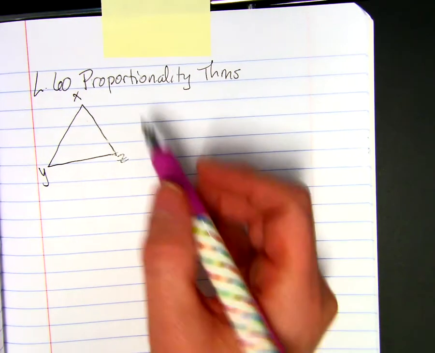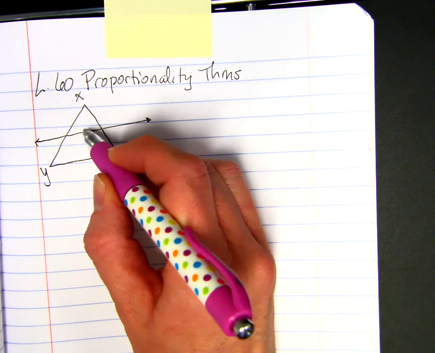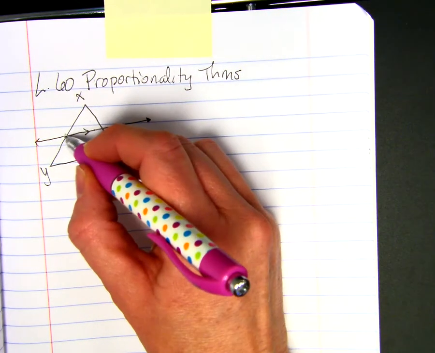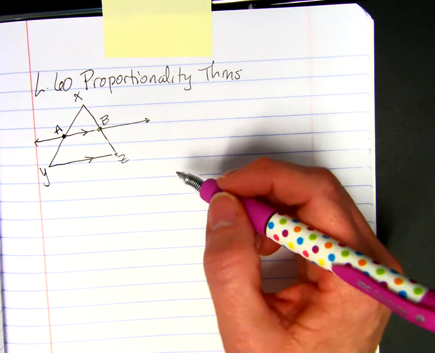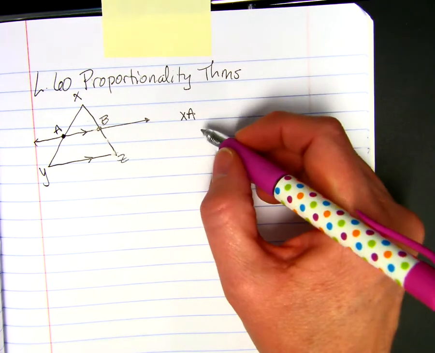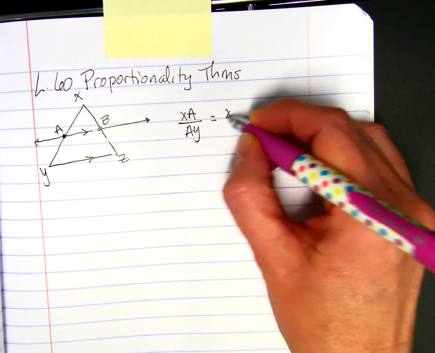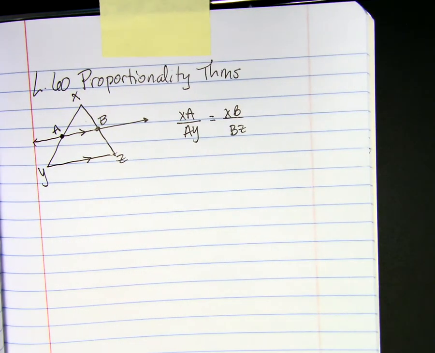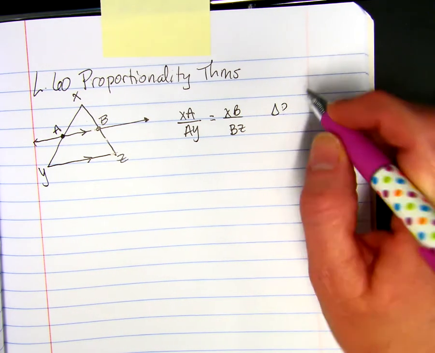If there is a line drawn through the triangle parallel to the base, so these two will be parallel, then it divides the triangle sides proportionally, and we can say that XA over AY equals XB over BZ. This is called the triangle proportionality theorem.